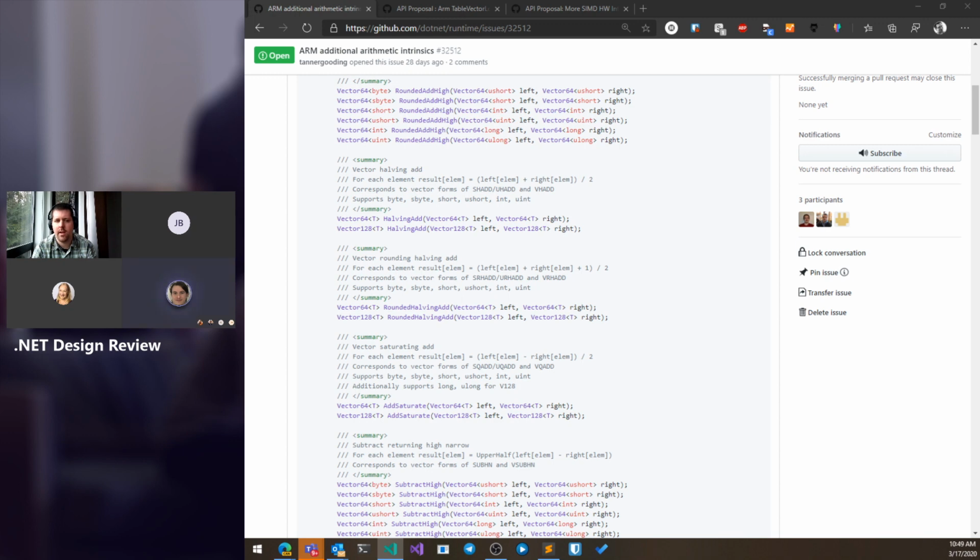As in when you add the left and the right element, is the intermediate result truncated to the element width, or does it keep the carry bit around for the final division operation? Tamar, do you know? That's not something that I had the opportunity to check yet. No, I haven't completed this yet.